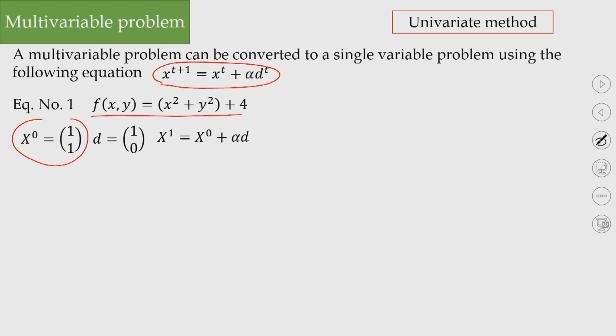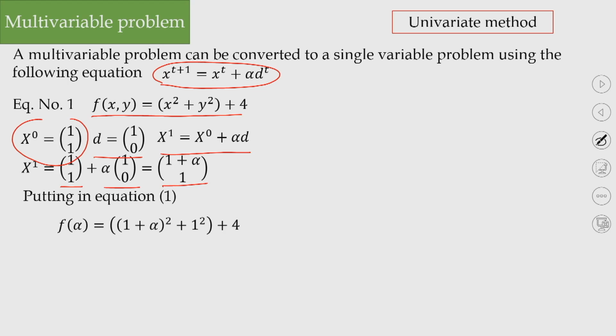From this point, I would like to start the search process. The direction initially is (1, 0), that means you are going along the x direction, and as I said x1 = x naught + alpha d. So, x naught is (1, 1), alpha, and the direction is (1, 0). So, I am getting (1 + alpha, 1).